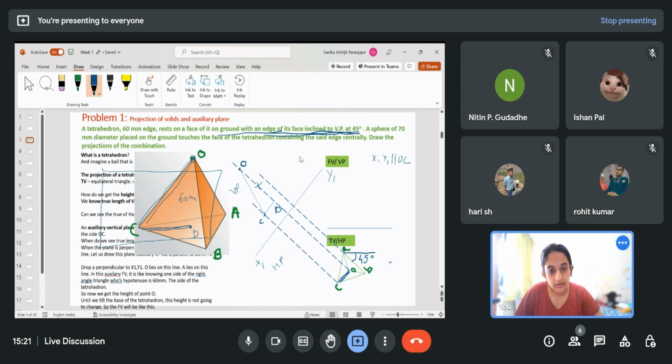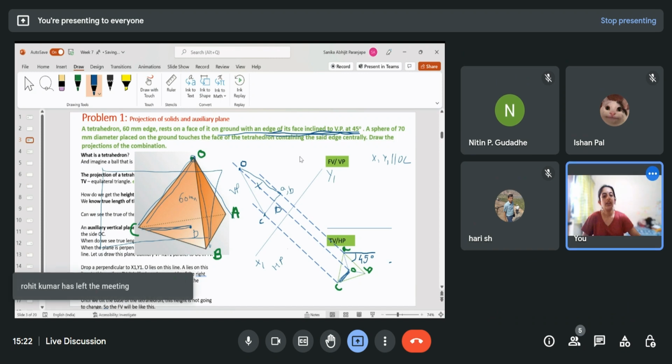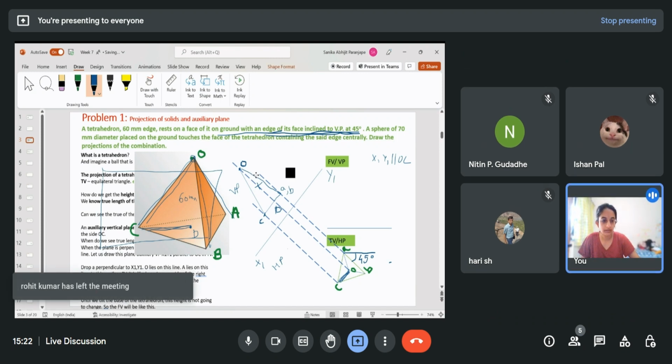And if I draw another line here, that will be my AB points, and this line will represent OB and OA. So I will construct these lines here.